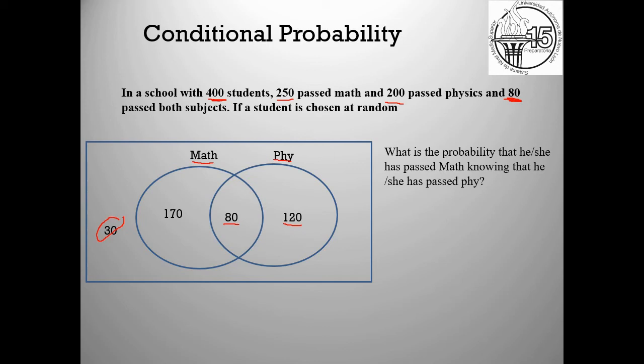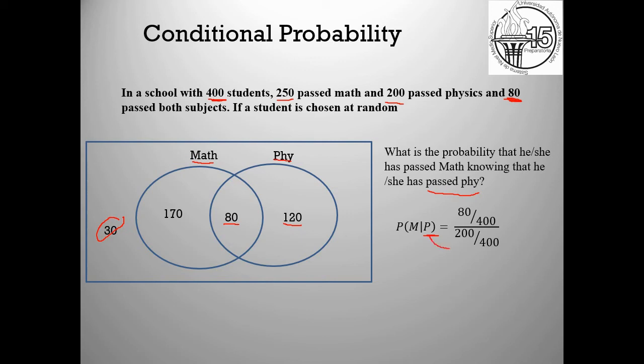What is the probability that he or she has passed math knowing that he or she has passed physics? Physics is the known event, so that will be placed at the right.